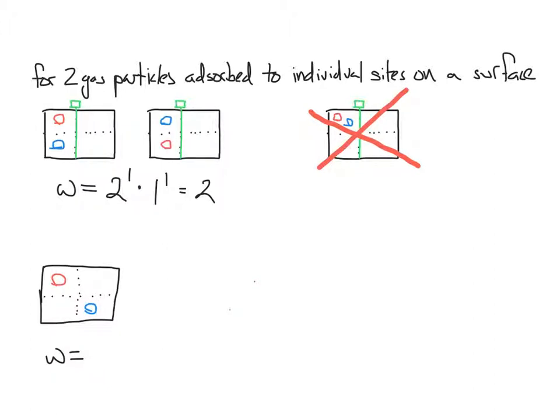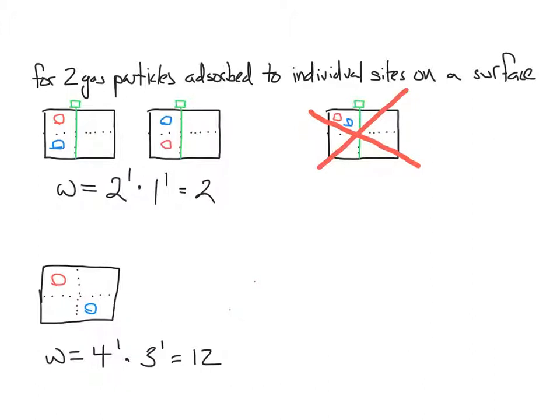Let's add the red particle first. When we add the red particle to the surface, there are 4 possible cells that it could occupy, and there's 1 red particle. Next, let's add the blue particle. If the red particle is already on the surface, that means there are only 3 cells available, and there's only 1 of those particles, therefore that's 3 raised to the 1. W for this second system is 12.